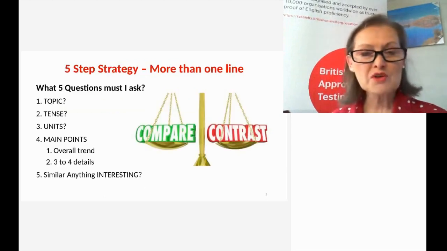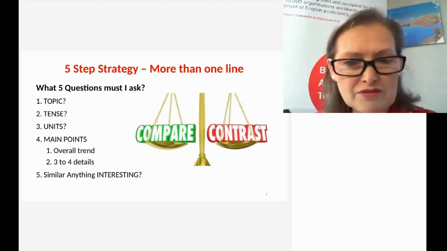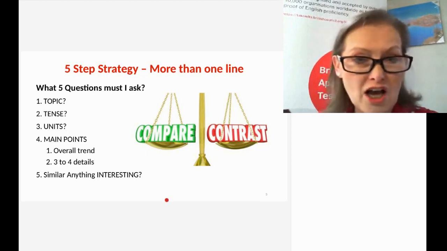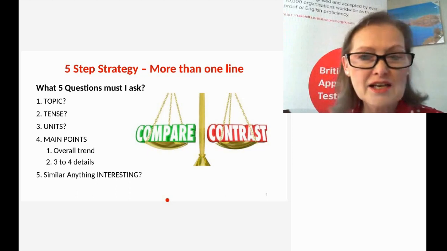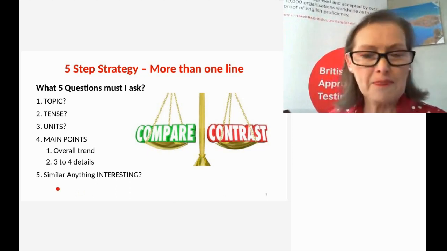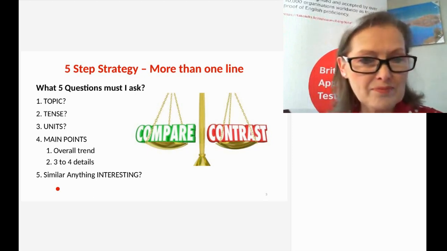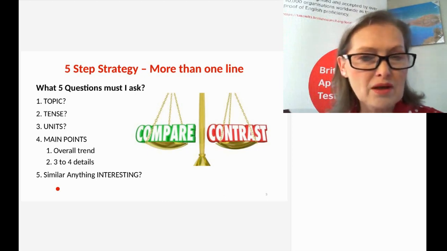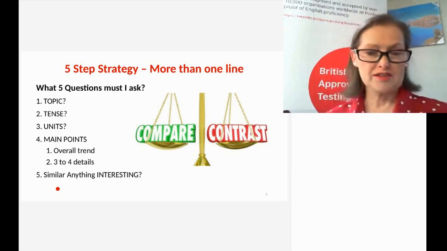So for those of you who know my teaching style, I work out a very simple strategy for you to be able to tackle your writing task at the end of the day when you're tired. And I always find some questions to ask. So for our writing task 1 academic, if you get a line graph or a bar graph, you can ask yourself these questions.